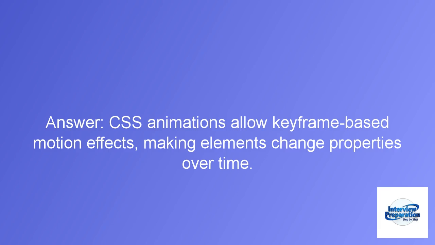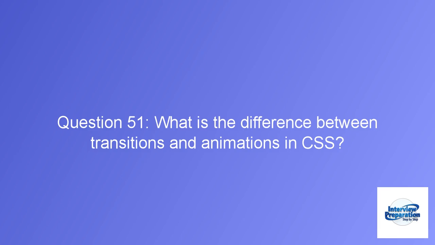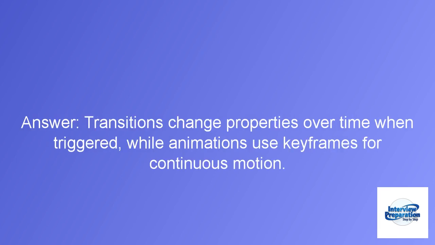CSS animations allow keyframe-based motion effects, making elements change properties over time. Question 51. What is the difference between transitions and animations in CSS? Answer. Transitions change properties over time when triggered, while animations use keyframes for continuous motion.